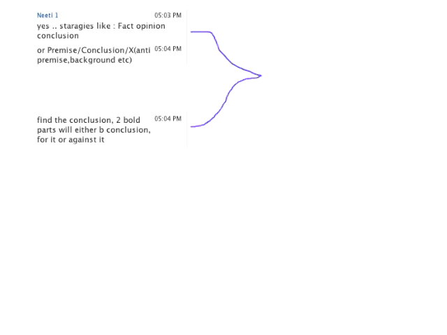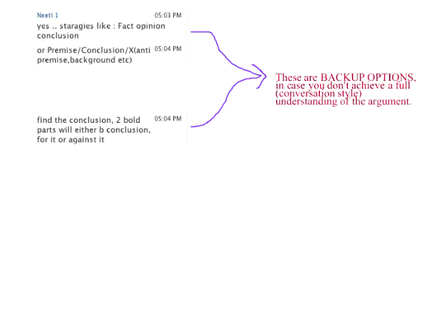These are not a primary strategy because they're not a complete understanding. You should think of these as backups, in case you don't achieve a full, conversation-style understanding of the argument.